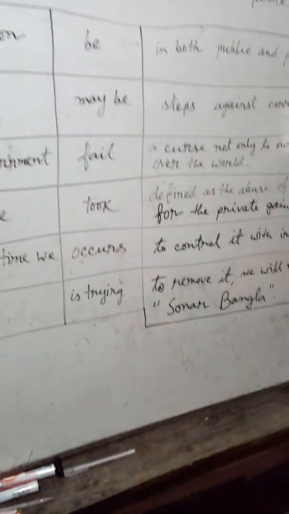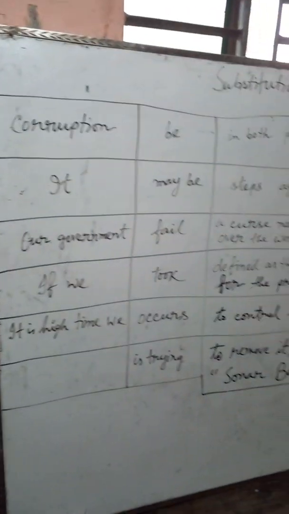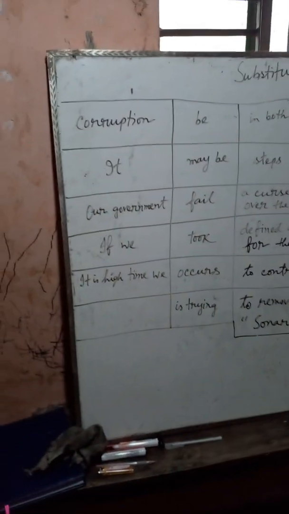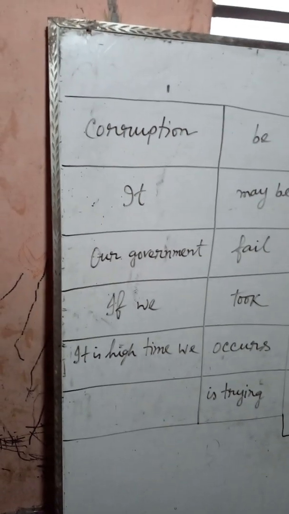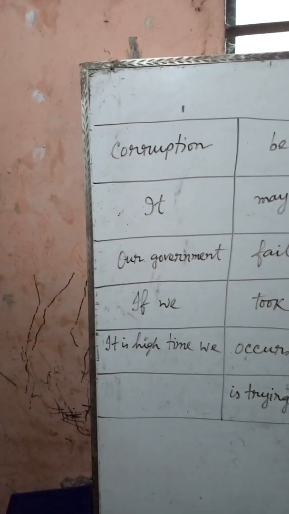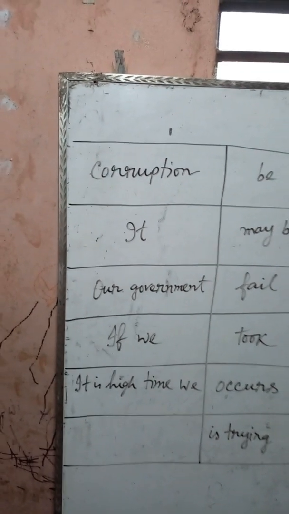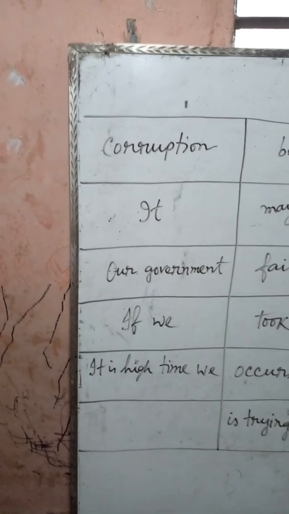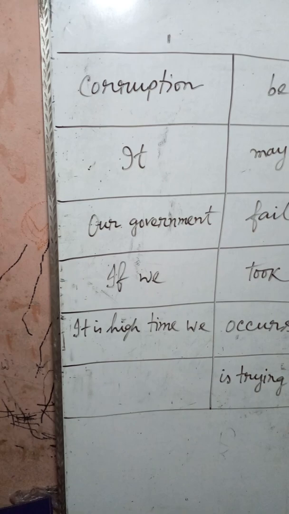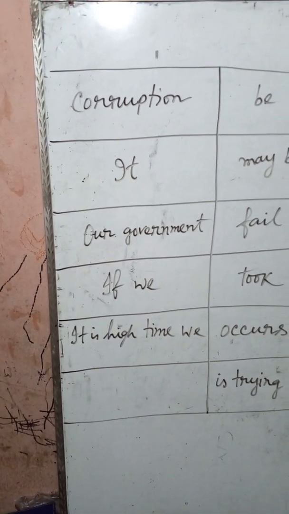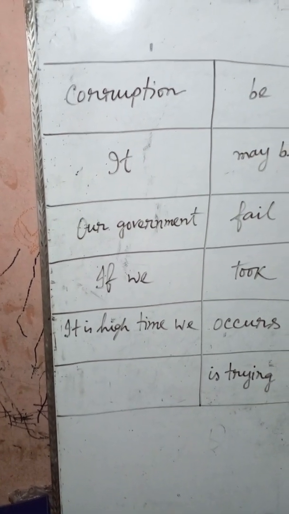At first you have to write down the table, and you have to make 6 sentences using the columns of the table. The very first column is for subjects, and the very first subject is corruption, then it, then our government, then if we, and at last it's high time we.